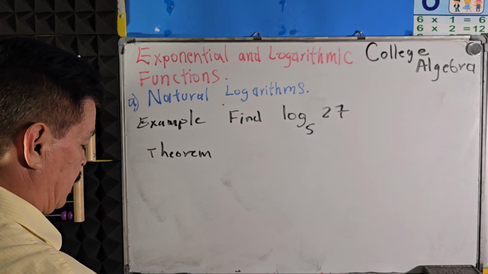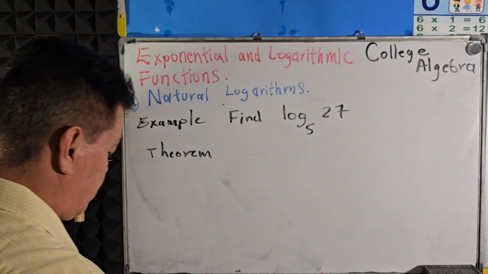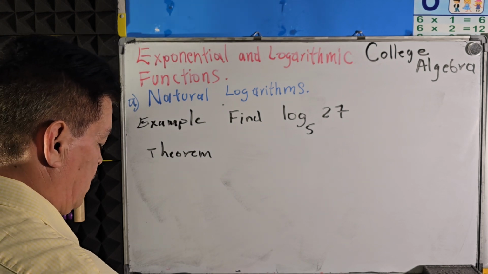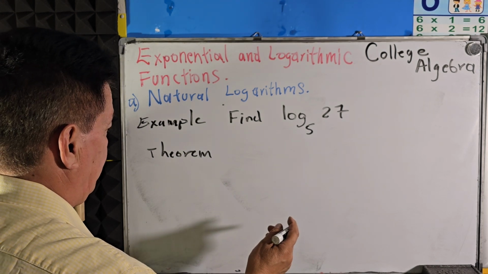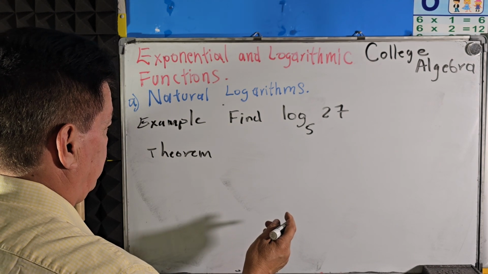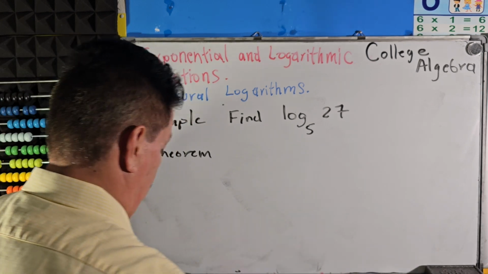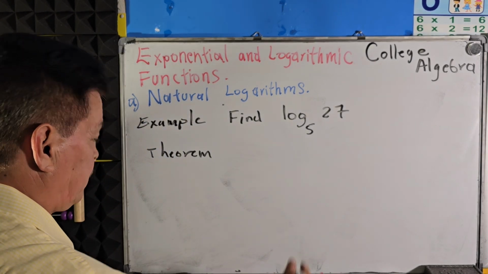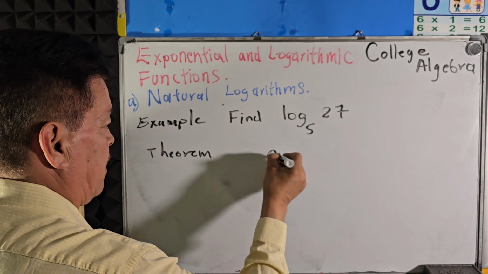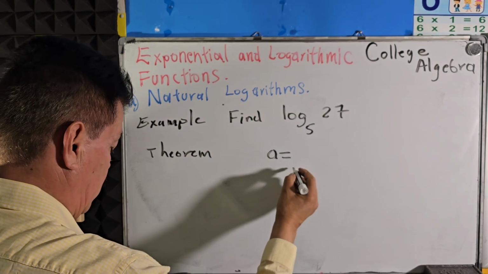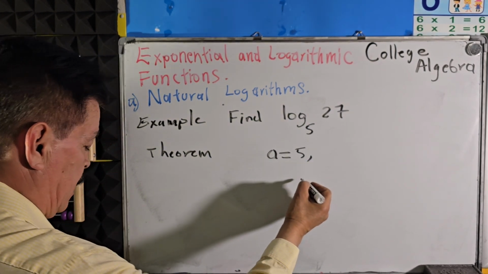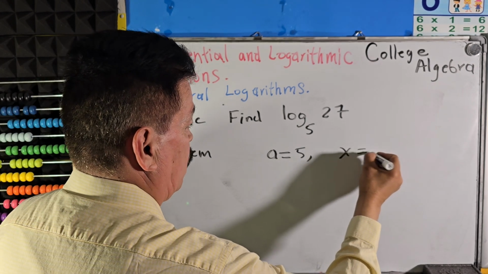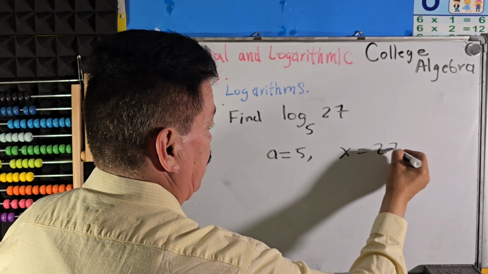This theorem says to use the same one. Here we have b equals 5, and then x equals 27, right?